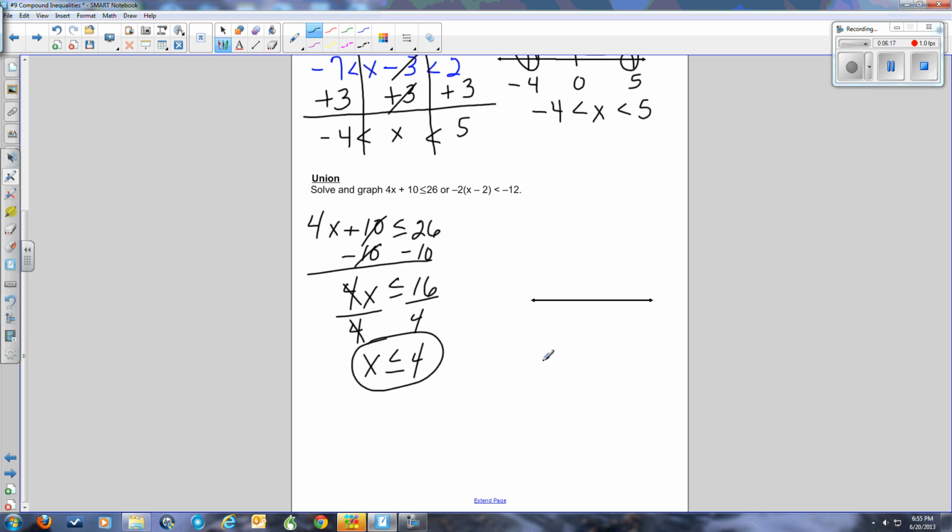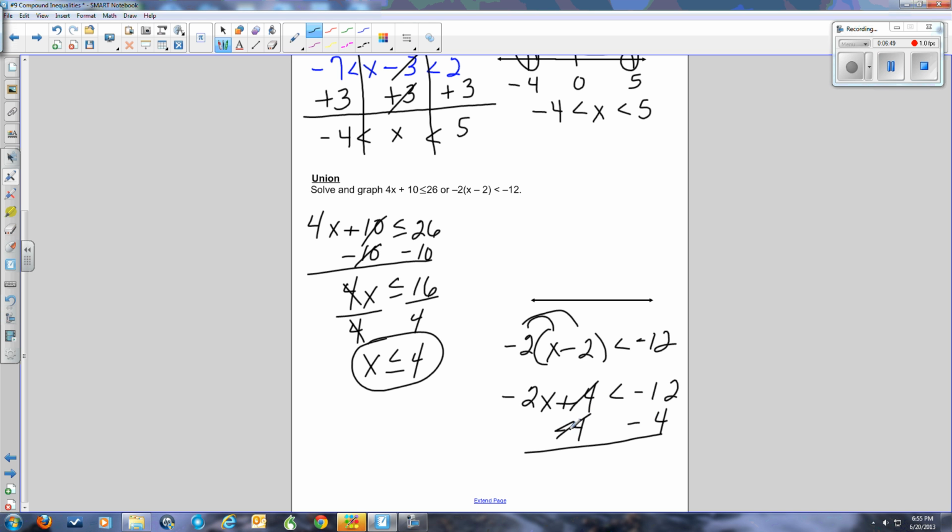Now we need to solve the other inequality: -2 times the quantity x minus 2 is less than -12. We're going to distribute to get rid of the parentheses. So I have -2x plus 4 is less than -12. Now we'll subtract 4 from each side. The 4's will cancel.